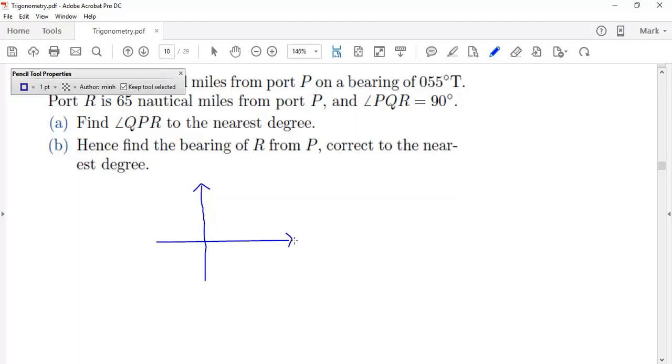I might switch colors again. If we start off with P, we know that on a bearing of 55 degrees, that's where Q is.